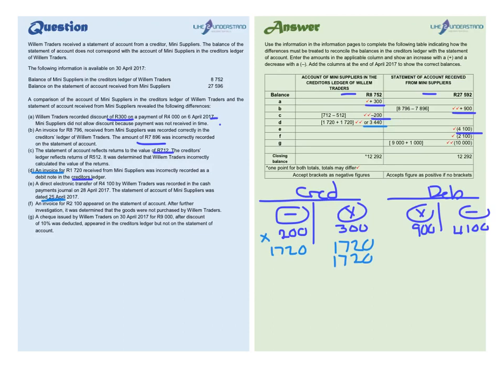An invoice of 2,100 appeared on the statement of account. After further investigation, it was determined that these goods were not purchased by Willem Traders. So that means our creditor made a mistake recording an invoice on our account on the debit side, 2,100.